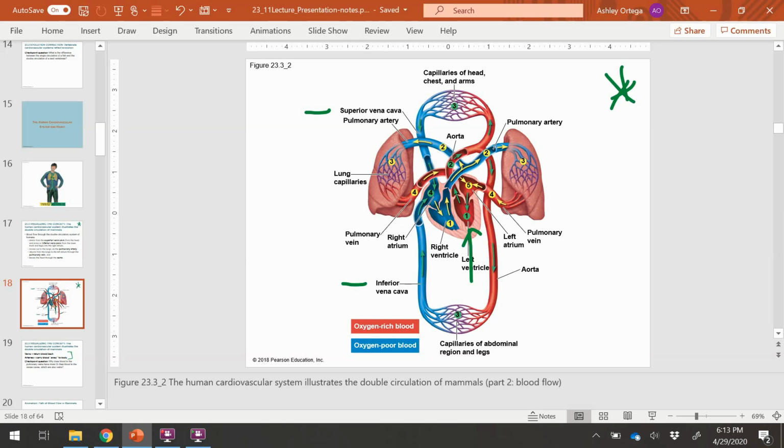And so it's important to note in this diagram, in following diagrams and previous diagrams, oxygen-rich blood is noted as red, oxygen-poor blood is noted as blue. In reality, oxygen-rich blood is a very bright red, and oxygen-poor blood is a dark red. So the color coordination is not actually correct, but it helps understanding the process, and so that's why it's done.